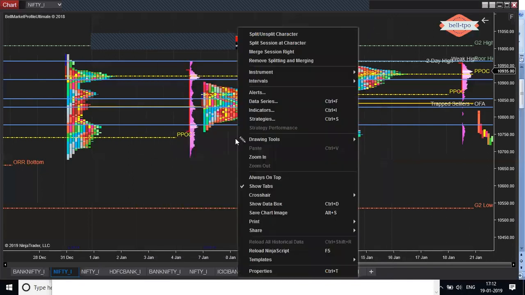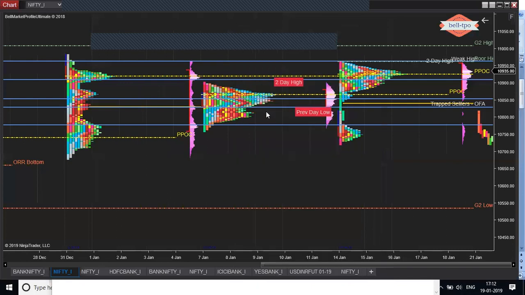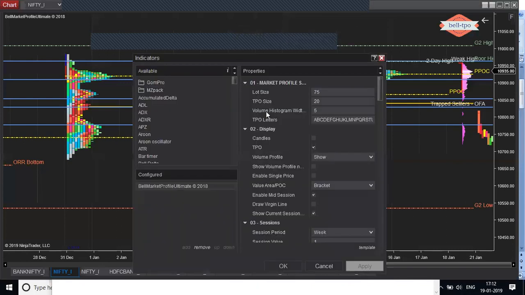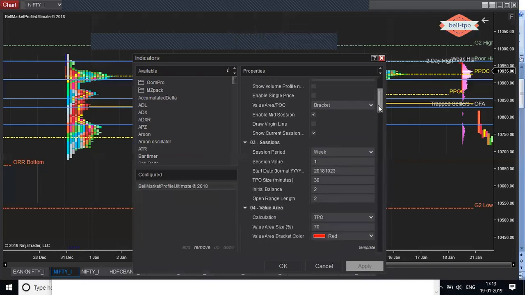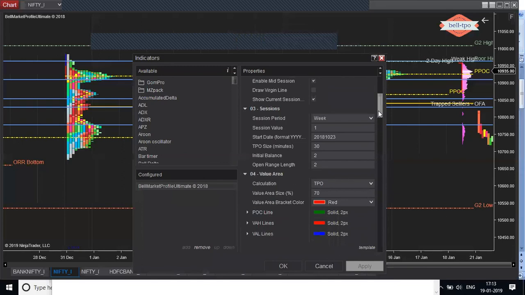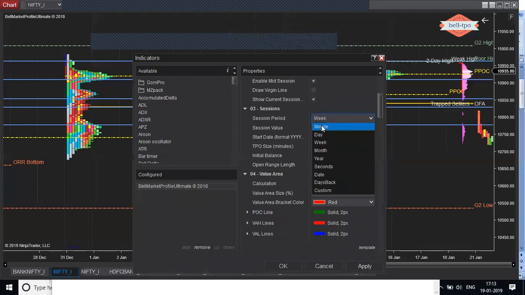Right click and then go to indicators. Here you have to set up like this. The session value: how many sessions you want, how many profiles you want. Daily, I want only one profile.